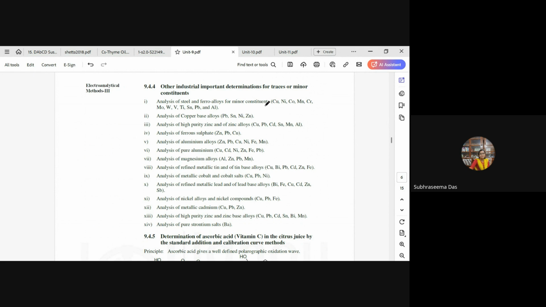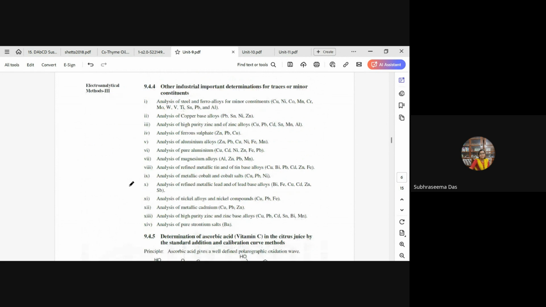It has also been used for analysis of copper base alloys, analysis of high purity zinc and zinc alloys, analysis of ferrous sulfate, analysis of aluminium alloys, analysis of pure aluminium, analysis of magnesium alloys, analysis of refined metallic tin and tin base alloys, analysis of metallic cobalt and cobalt salts, analysis of refined lead and lead based alloys, then analysis of nickel alloys and nickel compounds, analysis of cadmium metal, analysis of zinc based alloys, and analysis of pure strontium salts.